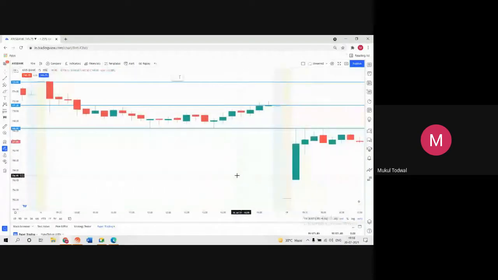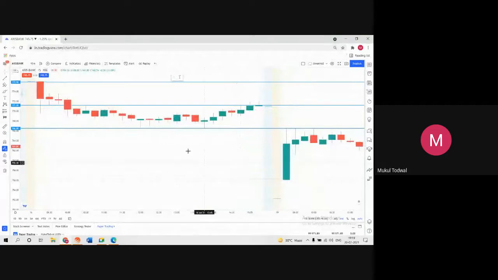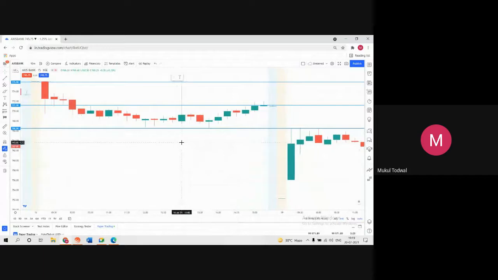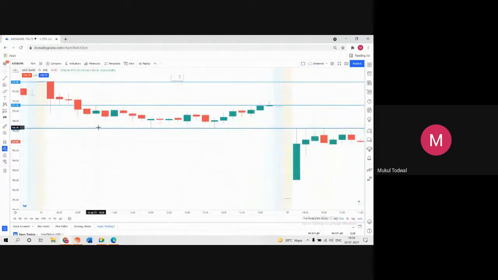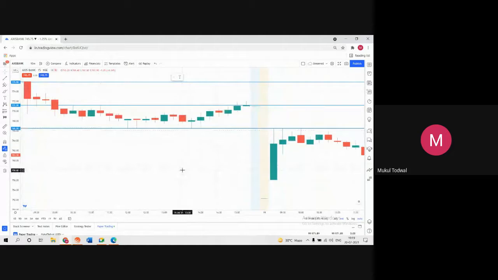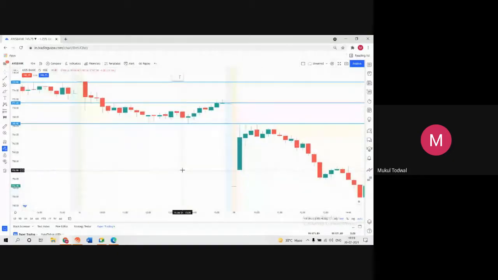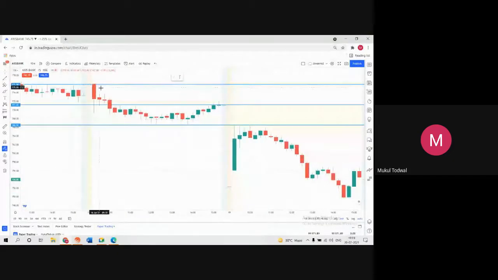But if you see over here, let me zoom in a bit. The stock over here is in a downward trend. It's going down. It tried to reach a new point, but now again a green doji has formed. See the next level. It is a green doji again.